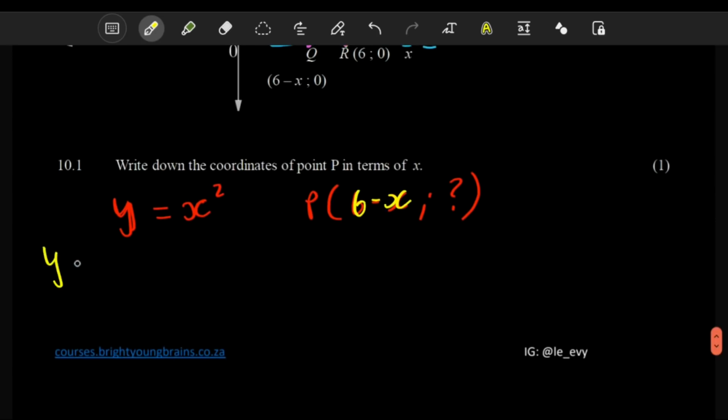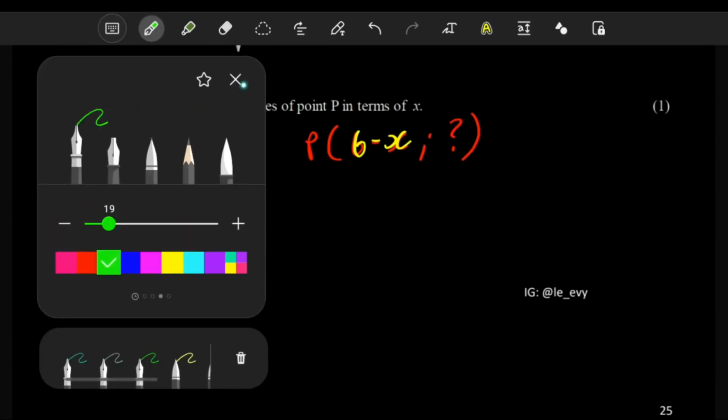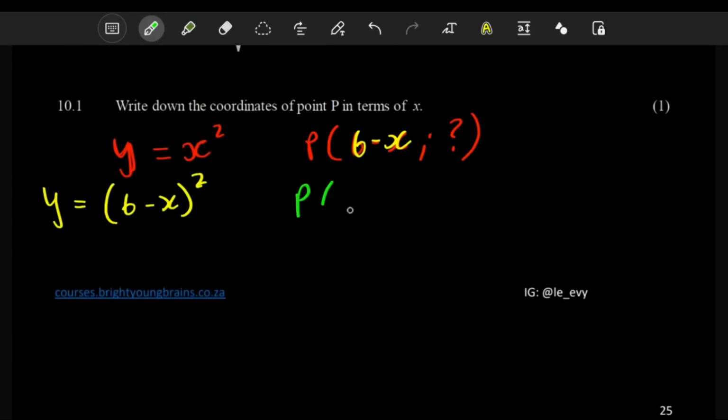So here y is equal to, wherever x is, we throw the coordinate of Q, this value here, squared. We might as well not simplify it. Just leave it like that, otherwise you're just going to create a mess for yourself. So here it's 6 minus x, and y is 6 minus x squared. There we go. That's why this is just a 1 mark question.